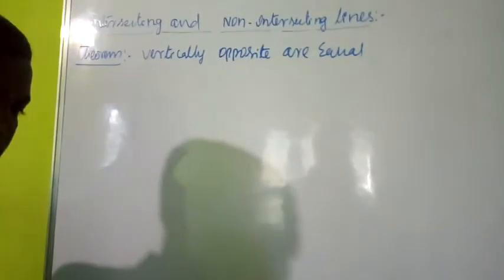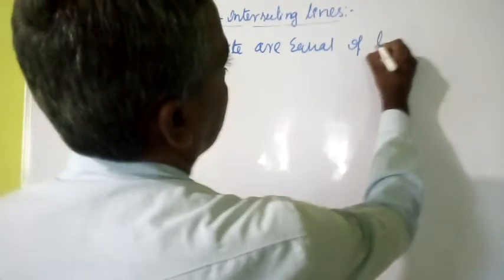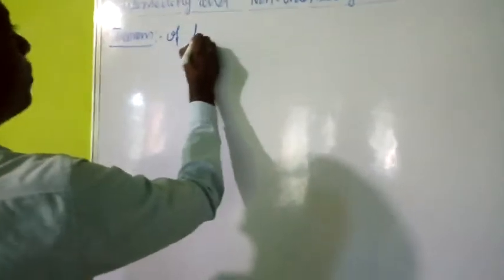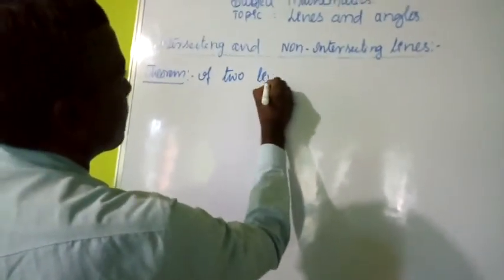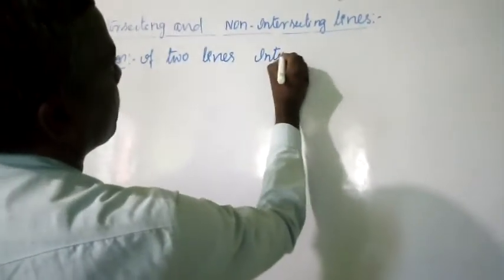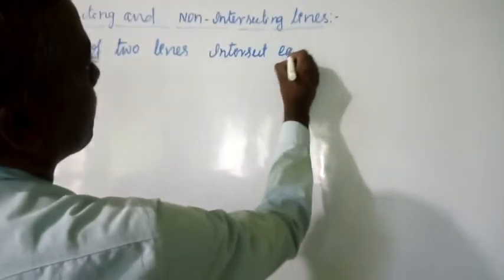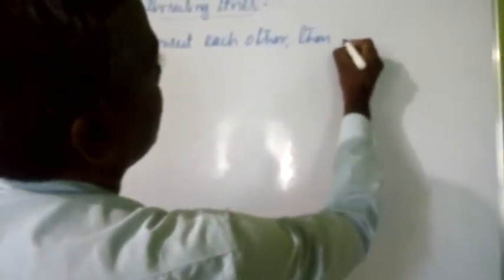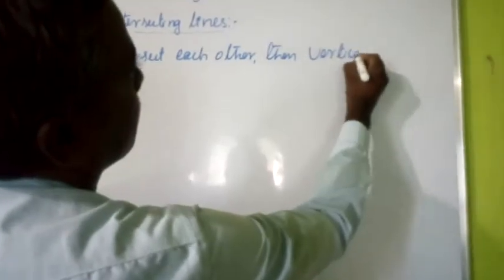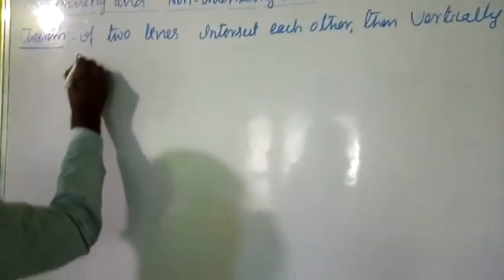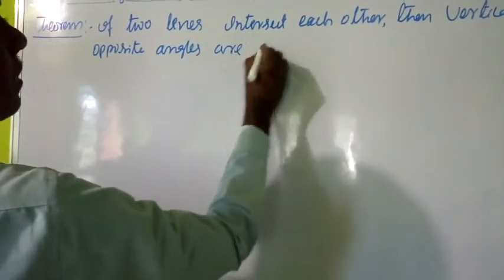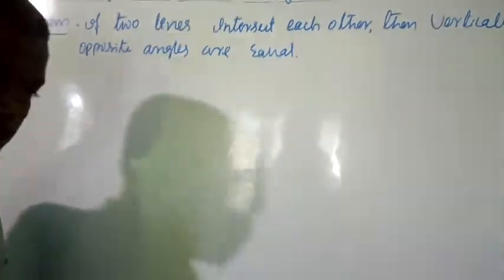If two lines intersect each other, then vertically opposite angles are equal. Intersect means they pass through one common point. Vertically opposite angles are equal.